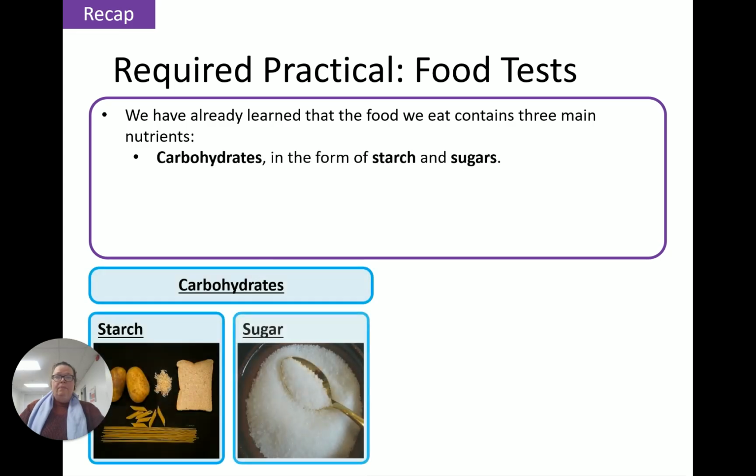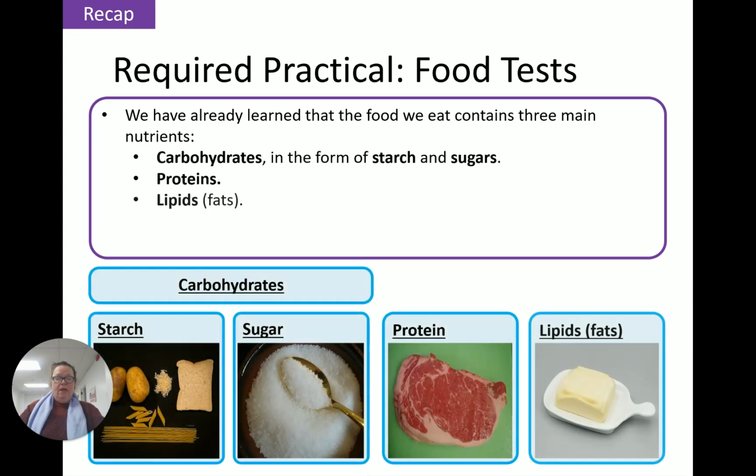So we have 4 food tests that we need to know, and you also need to know which foods these are in. So the picture should tell you, and you probably know, but let's just double make sure. So starch: bread, potatoes, rice, pasta, things like that. Sugar: we've got sugar in tea, but we've also got chocolate and donuts and sweets and all those things.